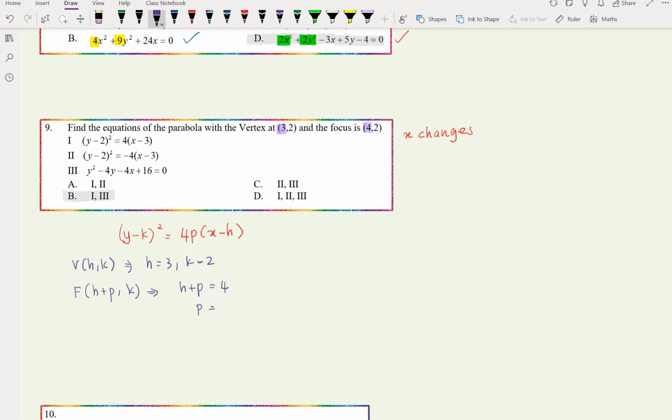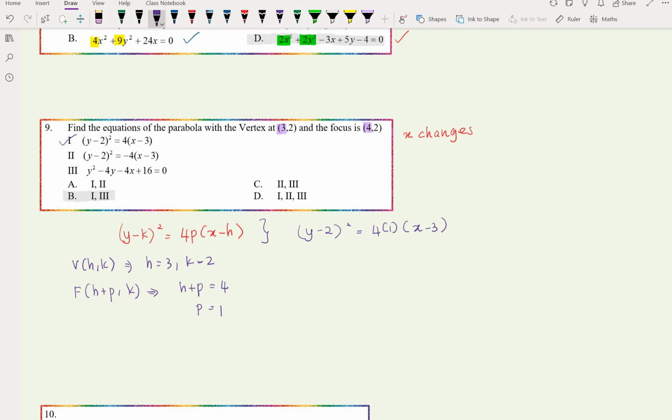So, we get p equal to 1. Okay, so just substitute those values into our equation and you should get your answer. So, if I put that back into this equation, I'm going to get our equation as y minus 2 square is equal to 4 times 1 times x minus 3. Okay, so if you look at the answers, that is the answer equation 1.